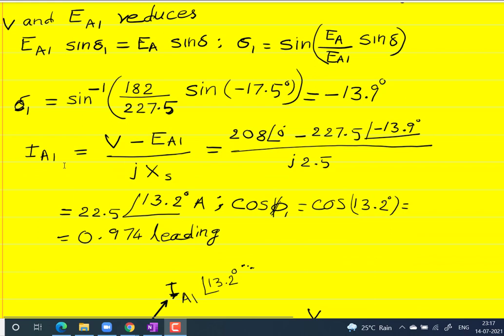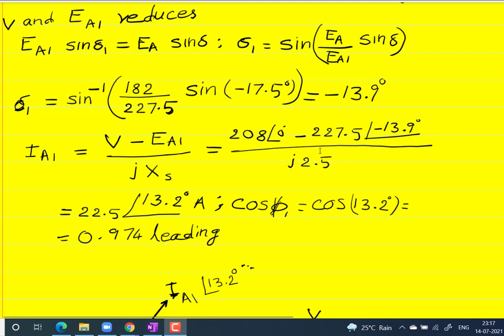Once we know EA1, that is the excitation voltage, we can calculate the armature current per phase, that is V minus EA1 divided by J into XS. V is 208 at an angle of 0 degrees minus 227.5 at an angle of minus 13.9 degrees, divided by J into the synchronous reactance, 2.5 ohms.